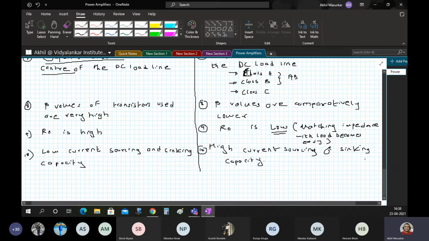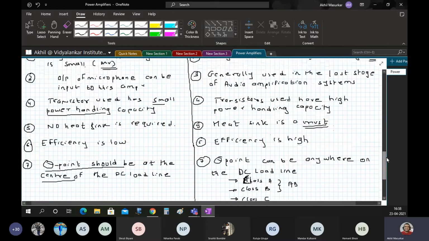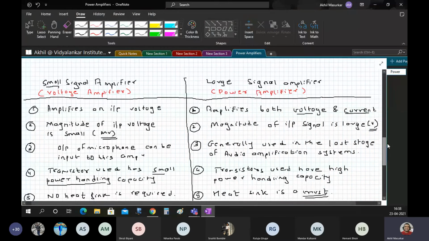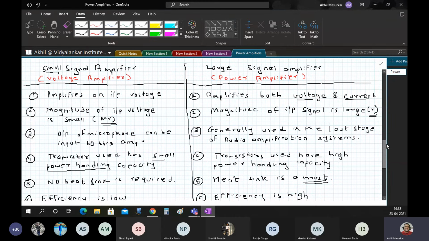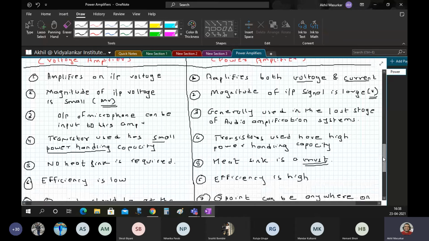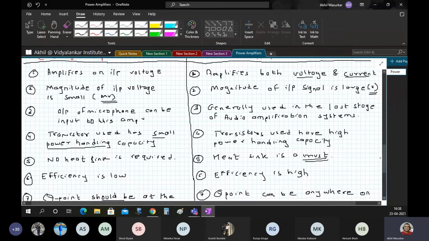So these are the 10 key points between a small signal amplifier and a large signal amplifier. If you want to note it down, I'll give you 2 or 3 minutes to take it down. In the meantime, if there are any more questions, please ask.